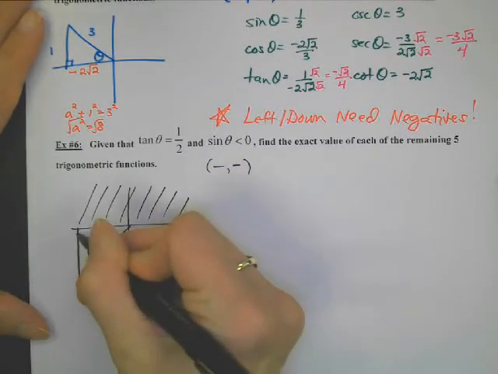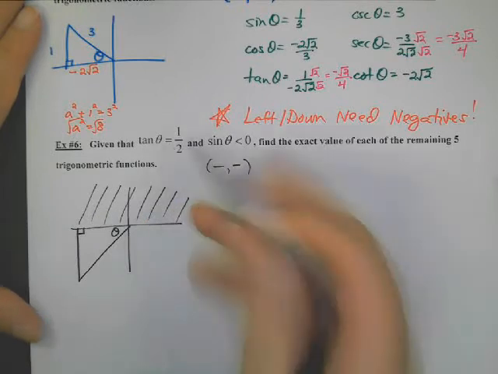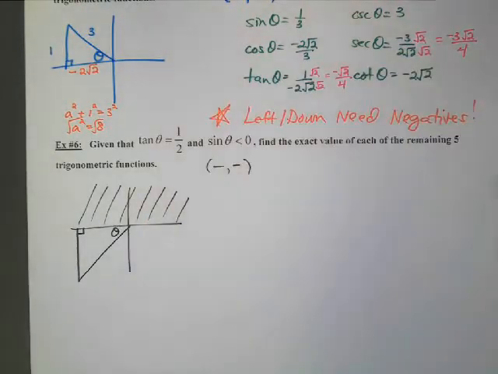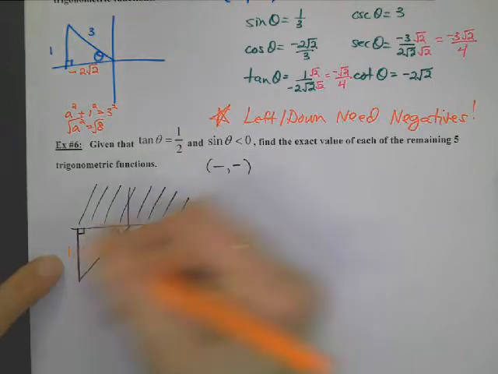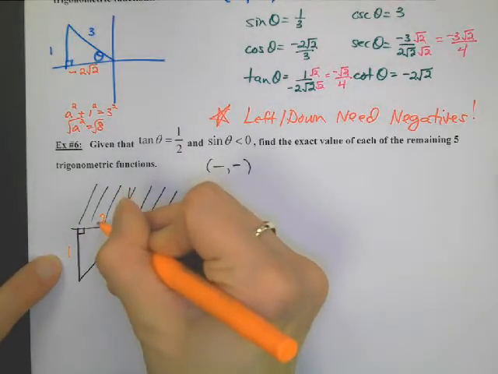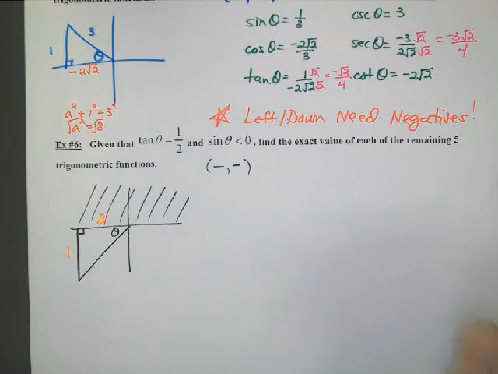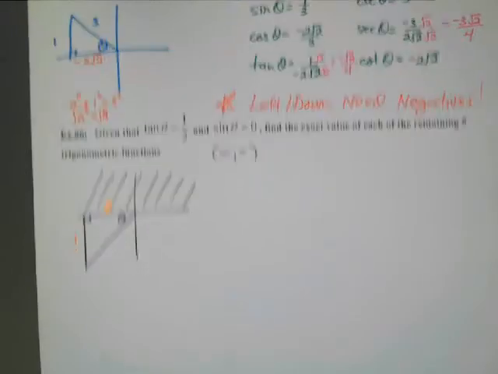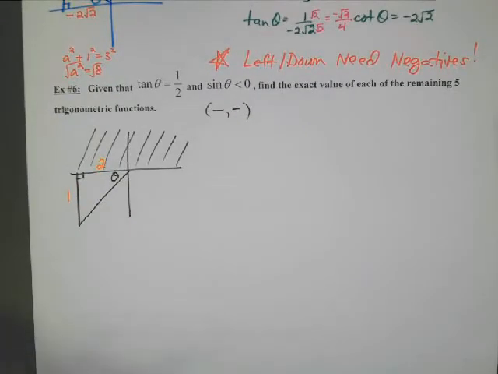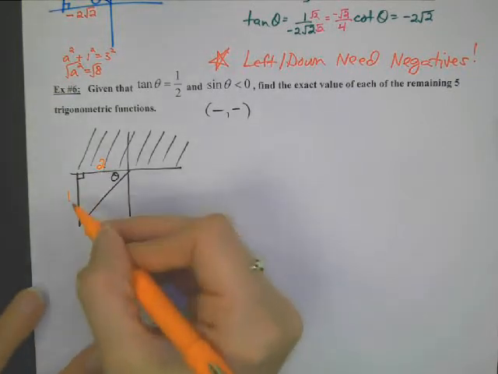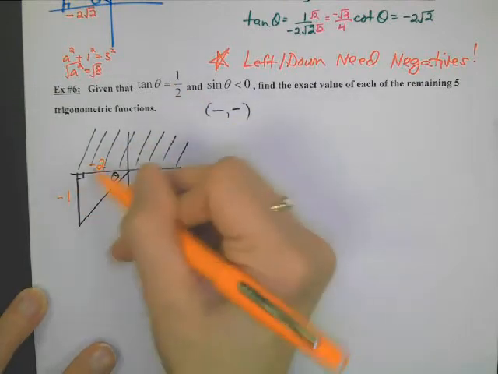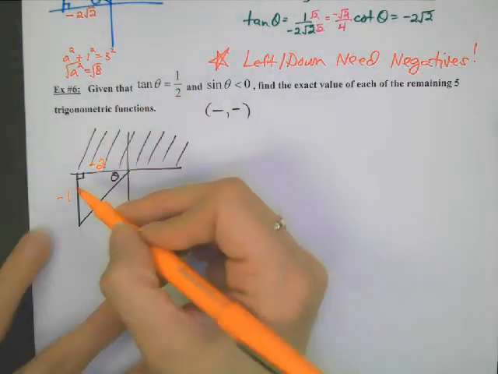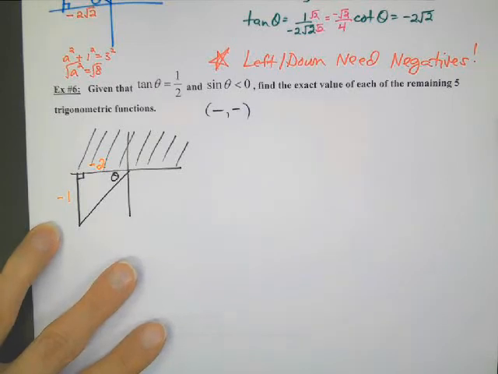Okay, so here's our picture. Here's our theta. And it says tangent, which is opposite over adjacent. Opposite over adjacent. Wait a minute, that's not right. What's wrong about that one? Ooh, they're going to have to get some negatives. Negative and negative. Now, it doesn't say it there because the negatives canceled and made a positive, but you must remember to put them on your picture correctly.